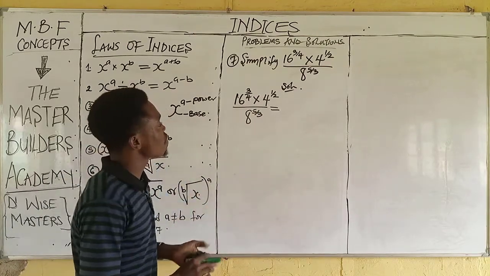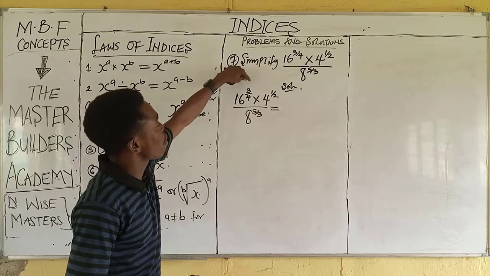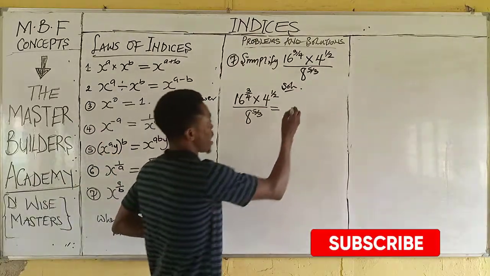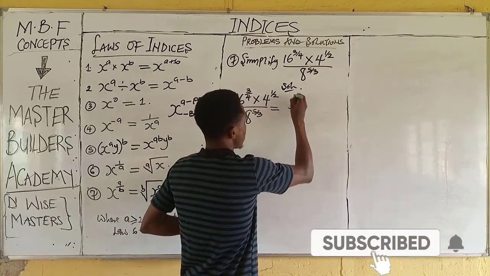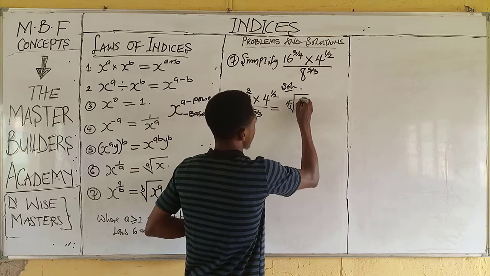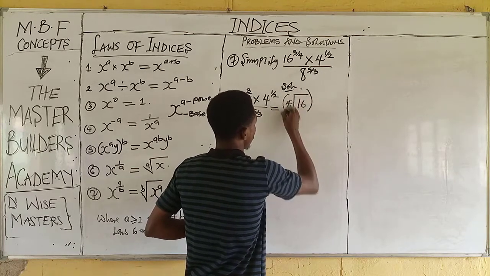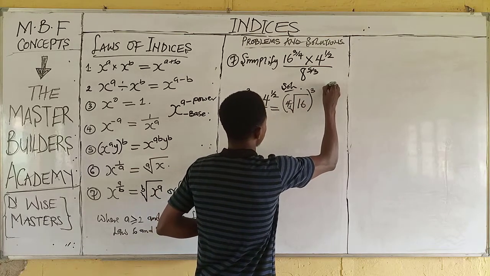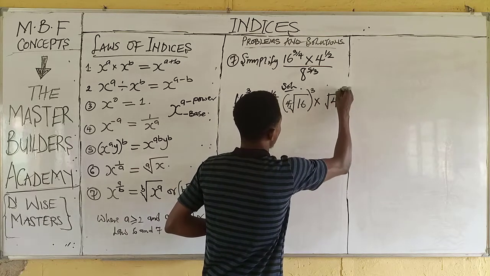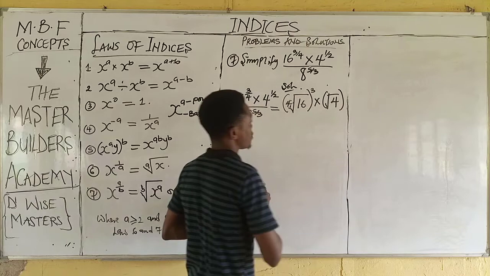Now, how do we solve them individually? For 16 raised to the power 3 over 4, this obeys the 7th law of indices, fractional power. This will have given us the 4th root of 16, all raised to the power of 3, multiplied by the square root of 4, all raised to the power of 1.